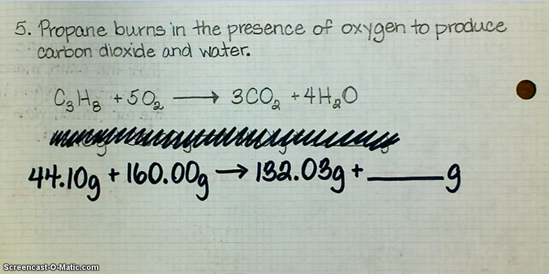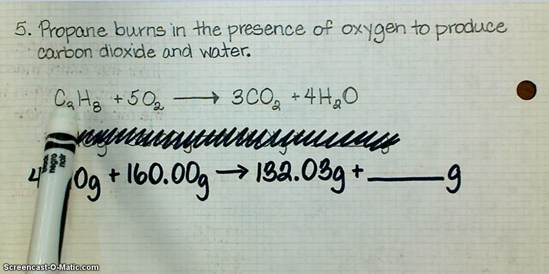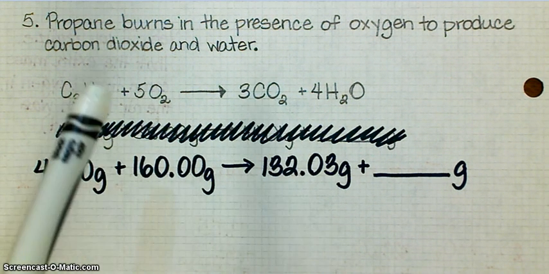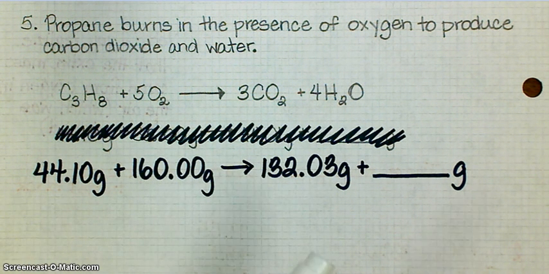So once again, the law of conservation of mass says that matter cannot be created or destroyed through ordinary chemical reactions, and that means that however much I start with, I have to have the same at the end, not only in the number and types of atoms. I have to have the same numbers and types on both sides, but I also have to have the same mass on both sides of the chemical equation.